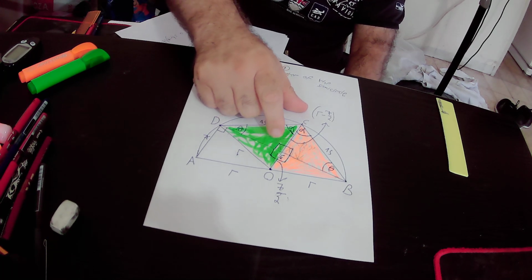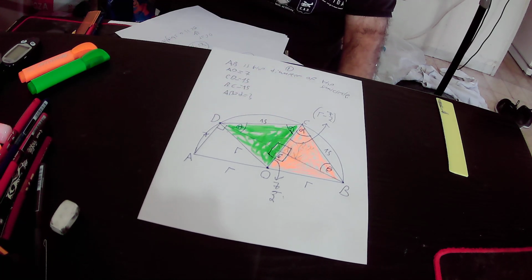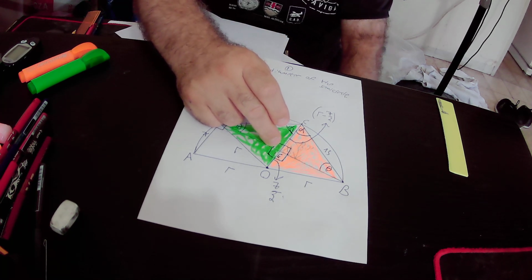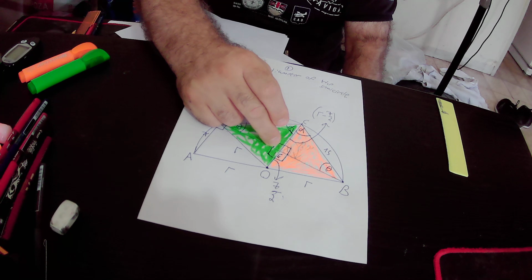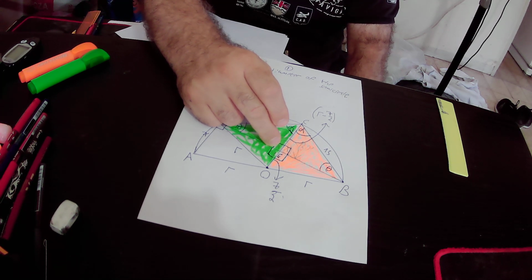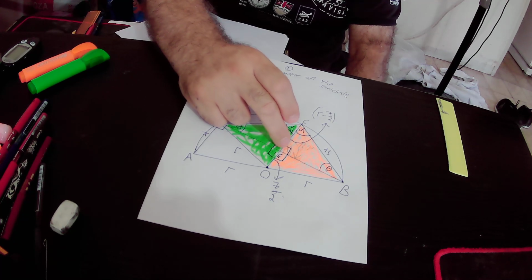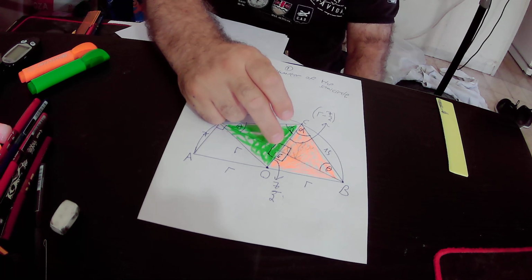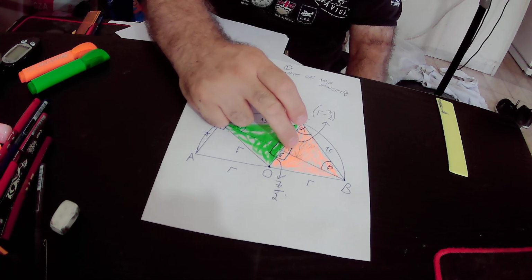OC is a straight line, so along a straight line, if we focus at point E, on the right side of point E, the sum of its angles must be equal to 180 degrees.